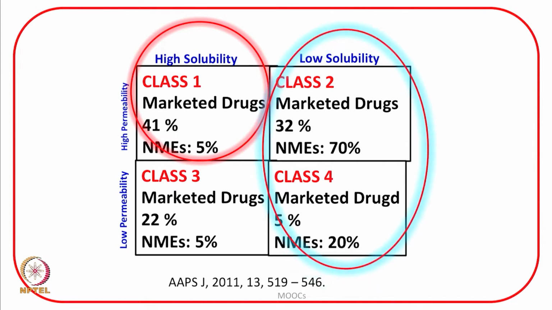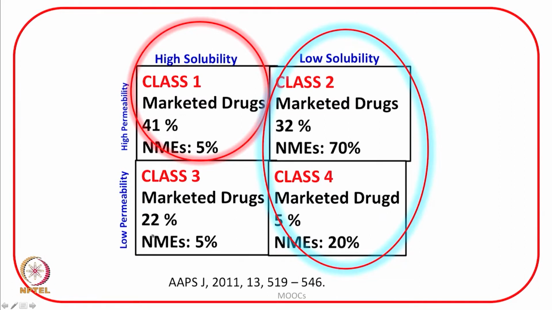Whereas 90% of the new molecular entities fall into the category of low permeability, low solubility or high permeability, low solubility. And solubility, you see, is the major concern over here.